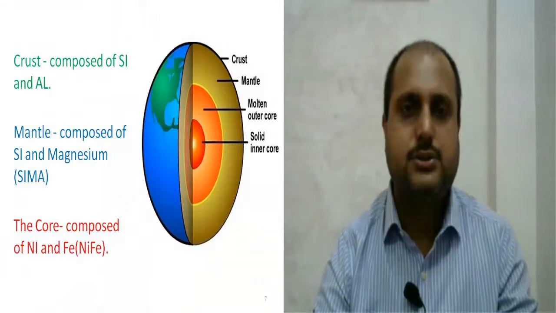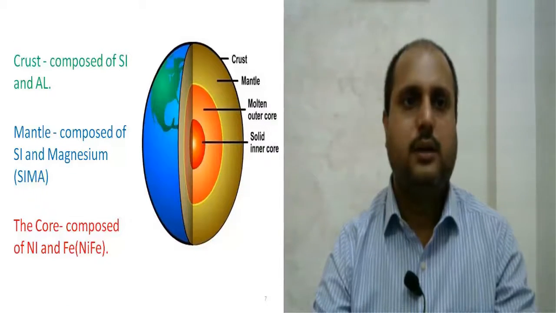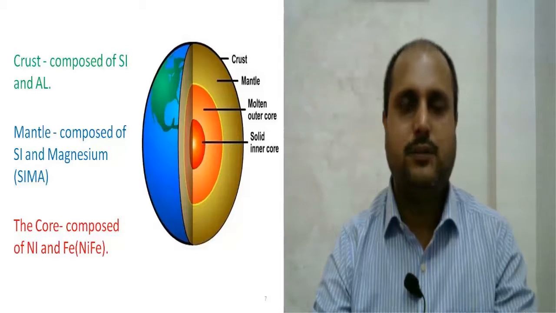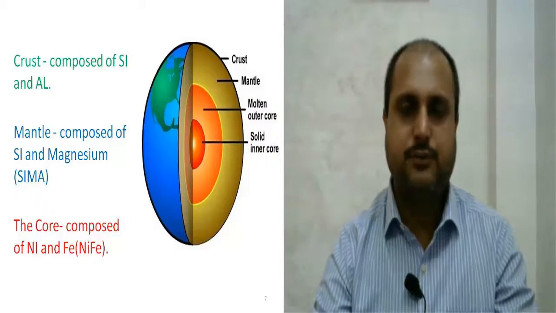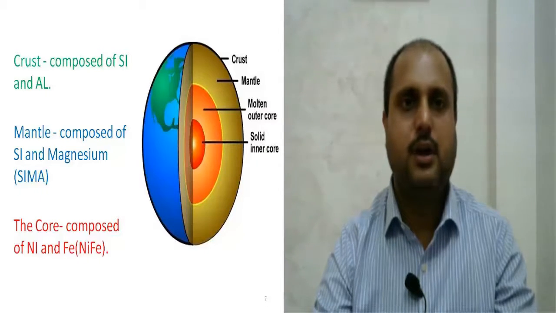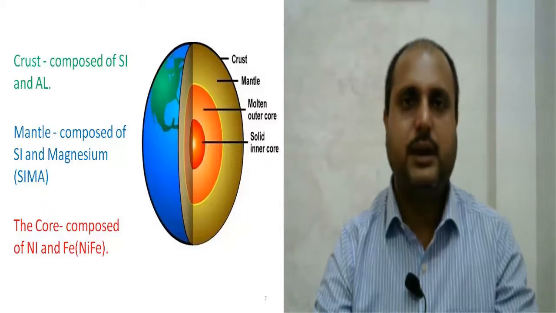So the internal structure of the Earth is divided into crust, mantle and the core. The crust is the uppermost layer of the Earth, from the surface up to 100 kilometers. After 100 kilometers, the mantle area starts.